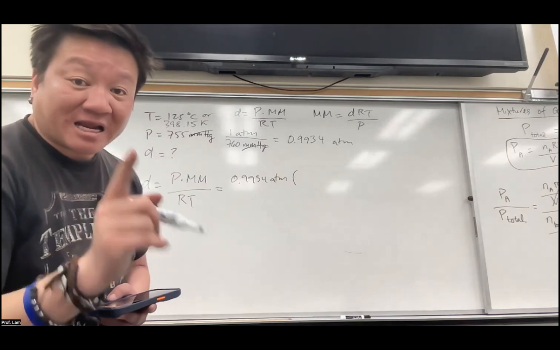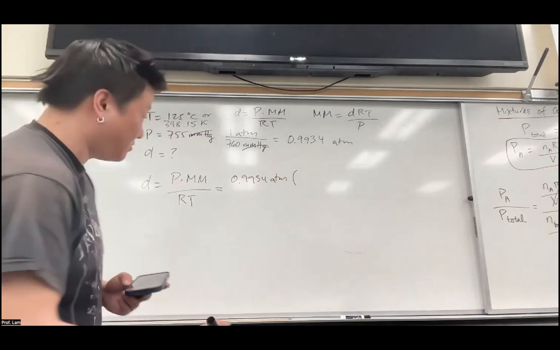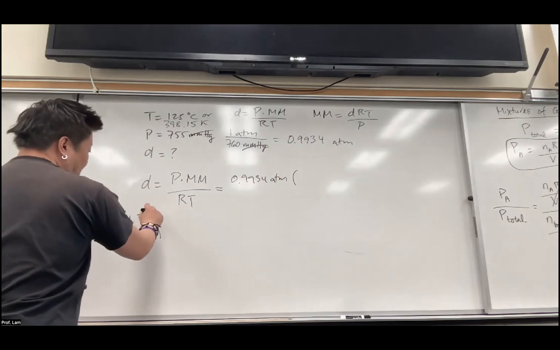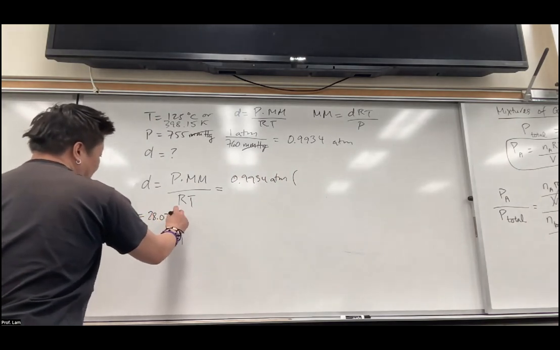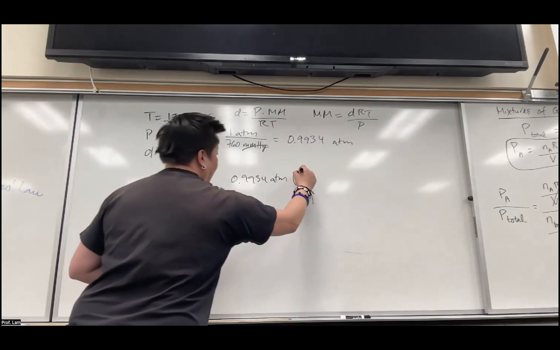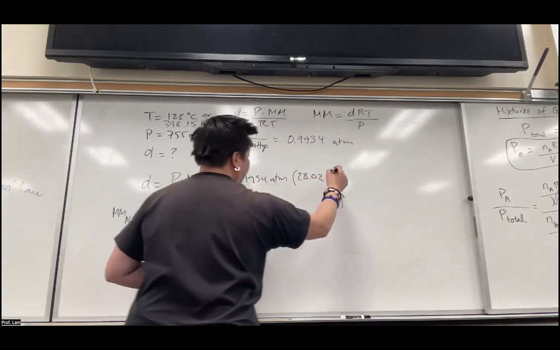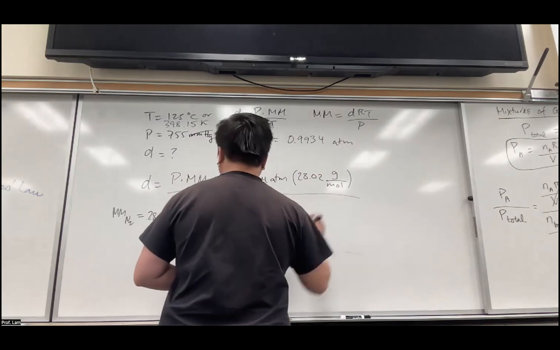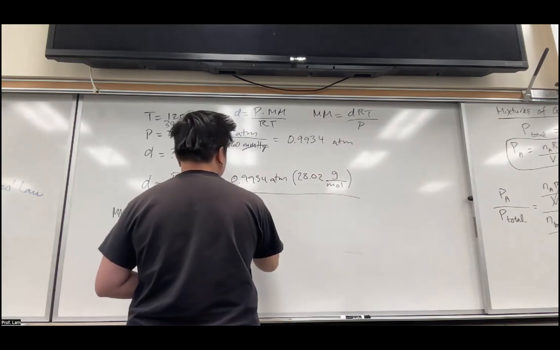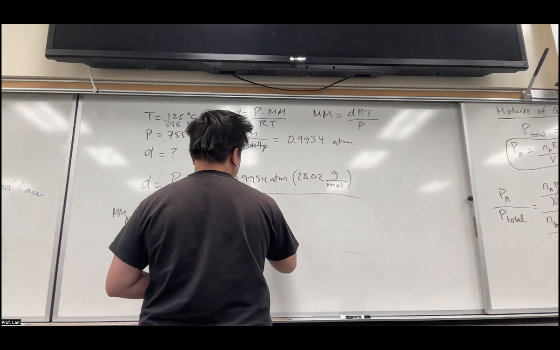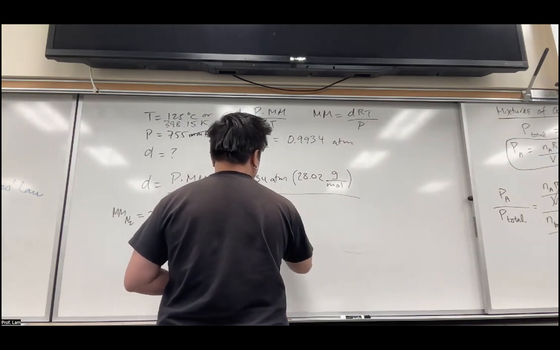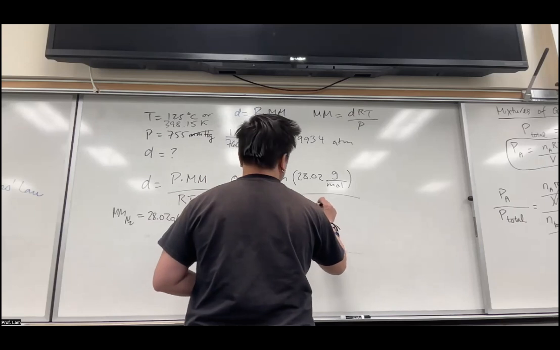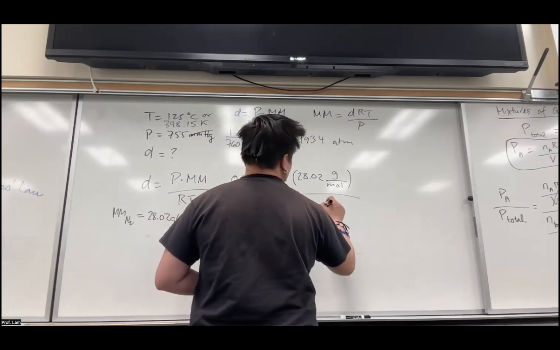Got to remember that nitrogen gas is N2. What's the molar mass of N2? 2 times 14.01, 28.02 grams per mole. Divide by R, 0.08206 liter atm per K mole, times the temperature, which is 398.15.